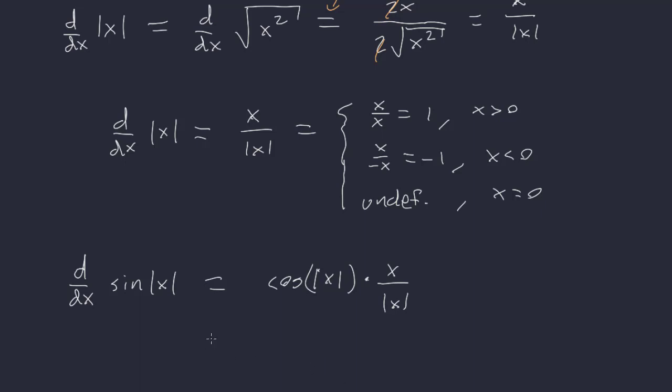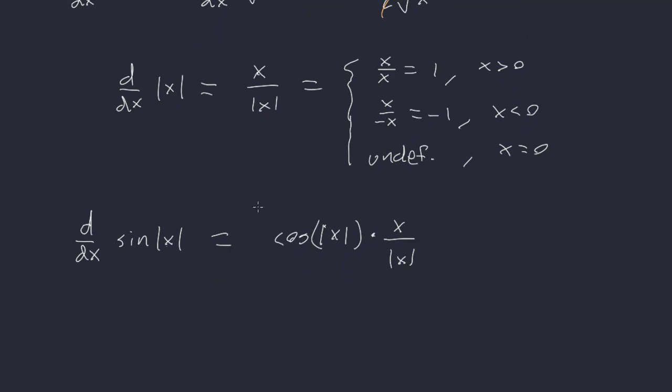Okay, so we can actually start incorporating absolute value functions into our derivatives. So, for the derivative with respect to x of the absolute value of x cubed, that will be 3 times the absolute value of x squared times x over the absolute value of x.